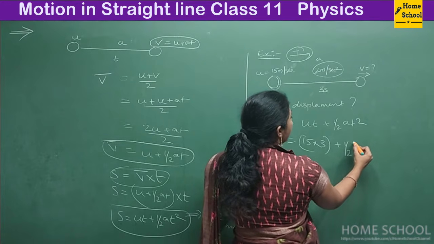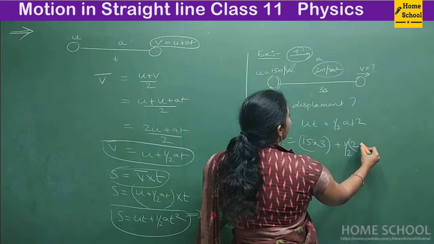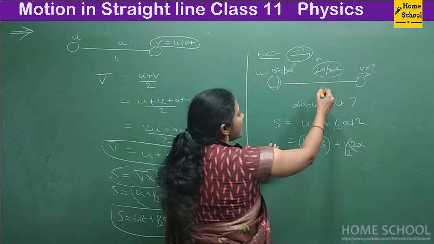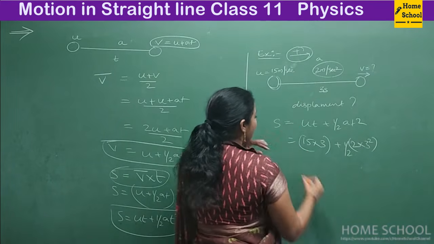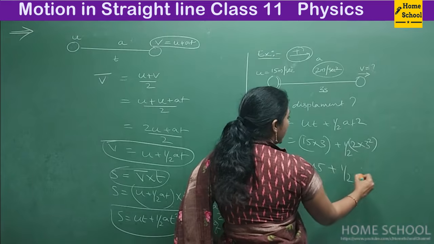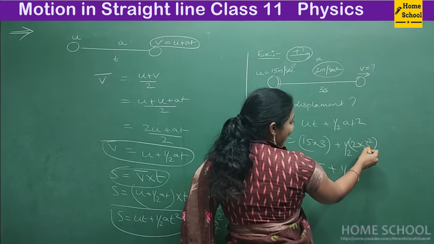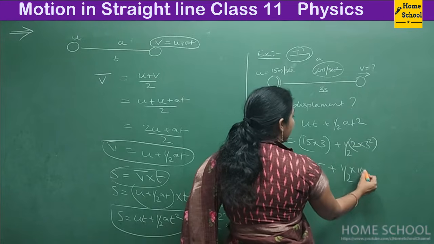Plus half into a, acceleration is 2, into t square, which is 3 square, right? So 15 3s are 45 you will get, plus half into 3 square is 9, so 9 2s are 18, right?